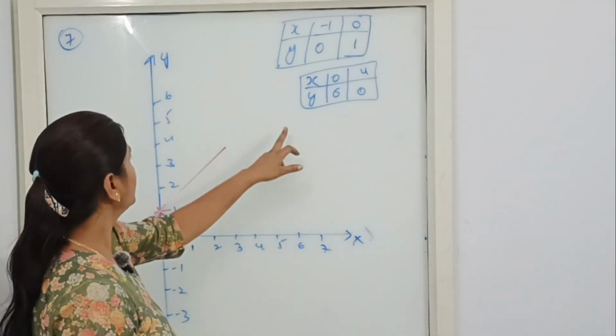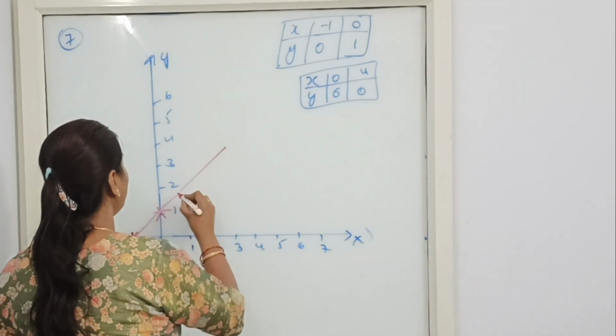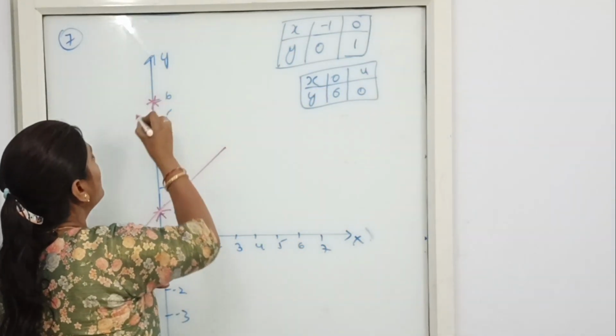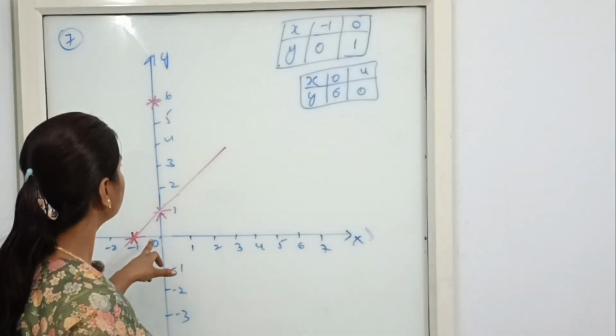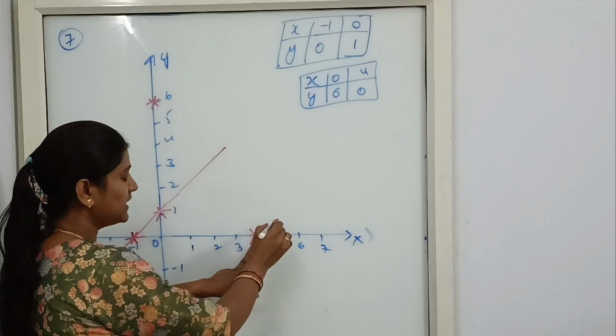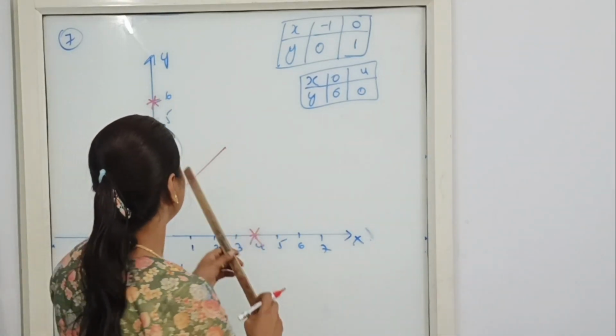The next one, if x is equal to 0, y is 6, it lies on the y-axis. If x is equal to 4, then y is 0, that means it lies on the x-axis. Join them.